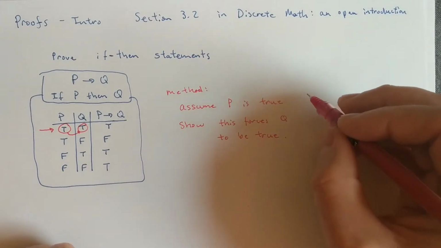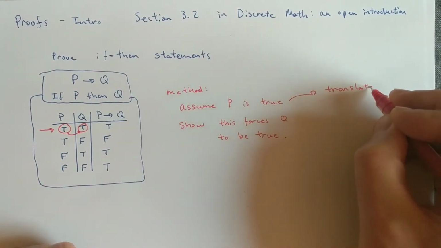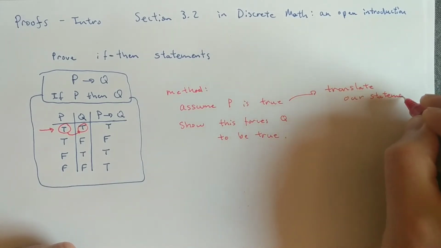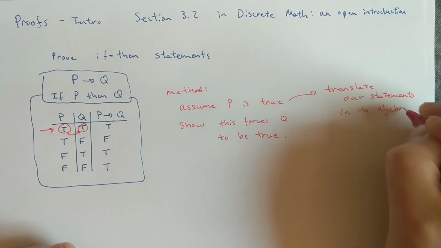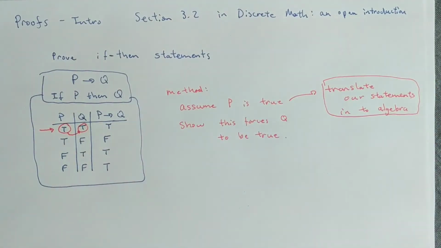The way we're going to do this is we're going to translate our statements into algebra. Algebra is nice because it has a bunch of nice rules, it's completely contained, everything you can do, you can undo, and you can move it around symbolically. You don't have to depend on these sort of arguments in English.